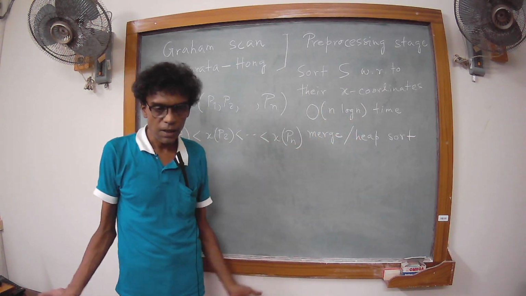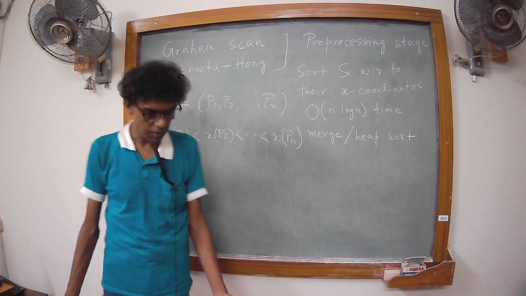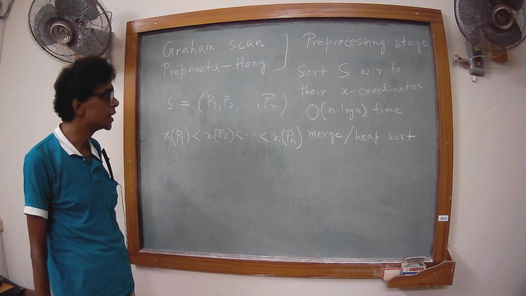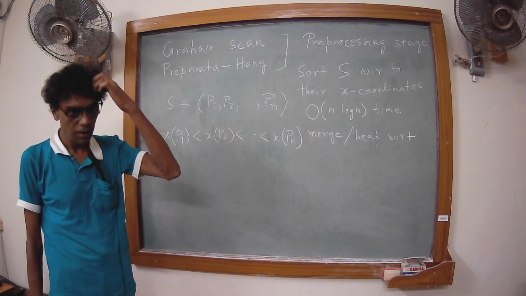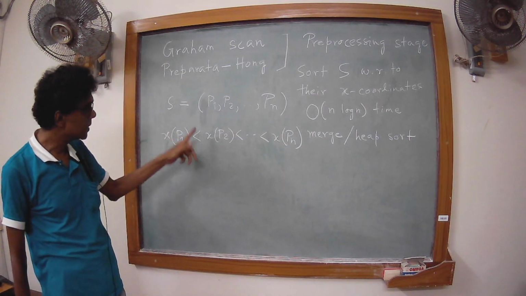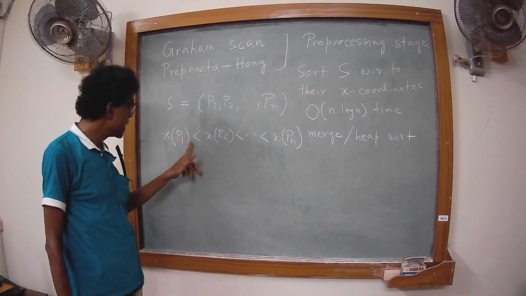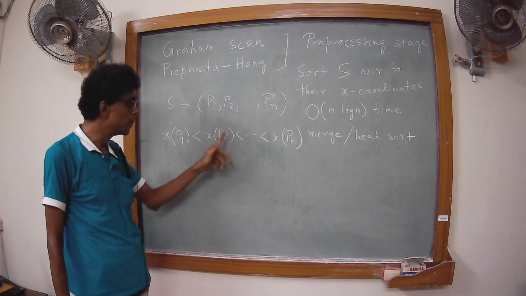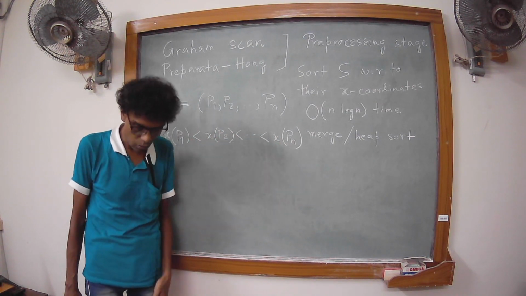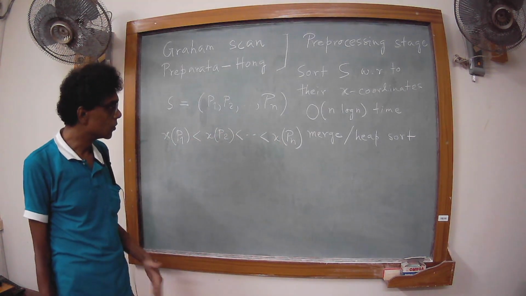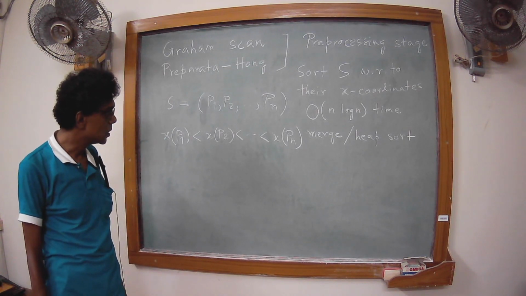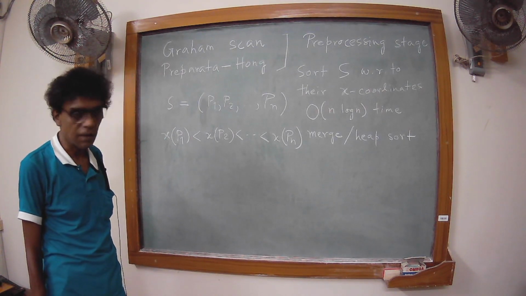If the rest of the algorithm also runs in this time, then you eventually get an n log n time algorithm, that is an optimal algorithm for solving the convex hull problem. And another thing, I am not assuming replicated x coordinates, so I have written less than instead of less than or equal to. Equal x coordinates can be handled, but you can think of that as an exercise.